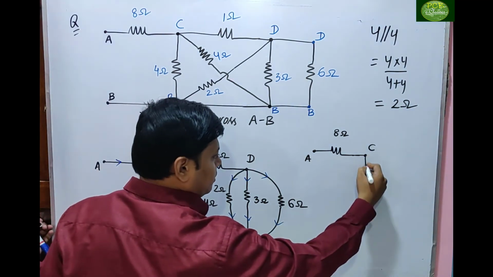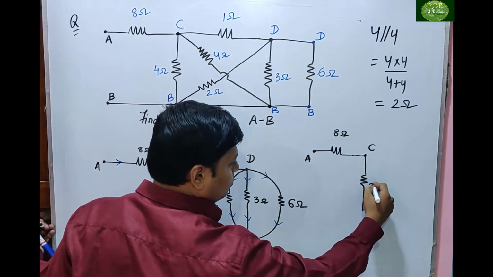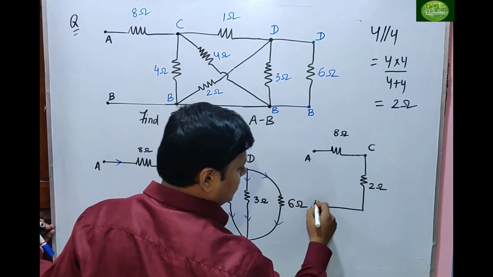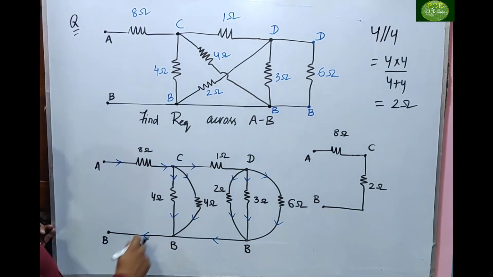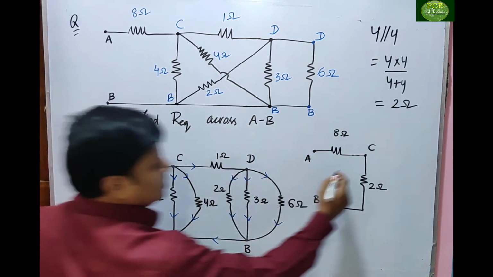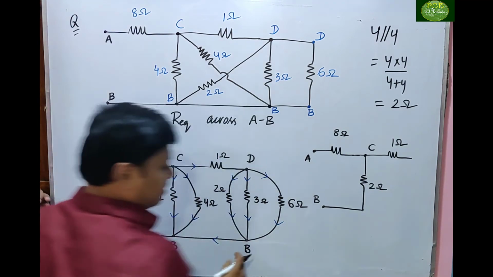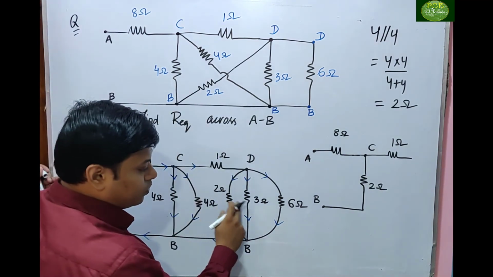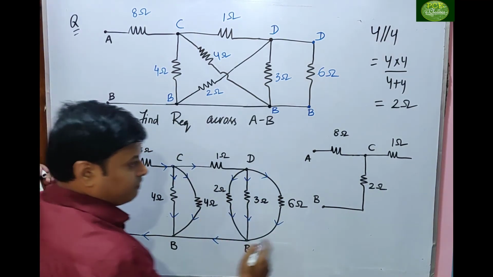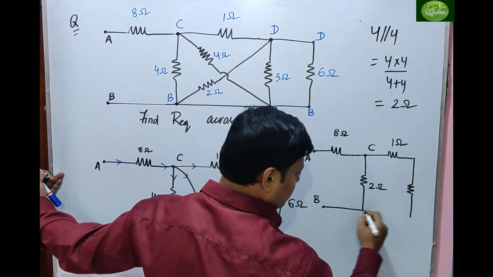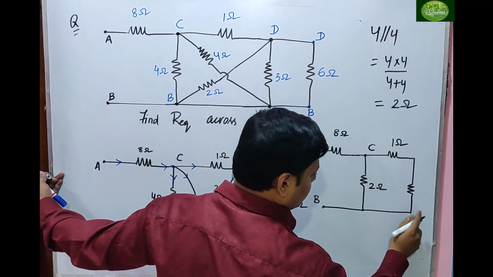So can I write this one as 2 ohm? Yes, I can write it. Clear? Next, what is it? 1 ohm. Refer to the previous problem. 2, 3, 6 are parallel. Then what we have got? We have got 2 ohm.